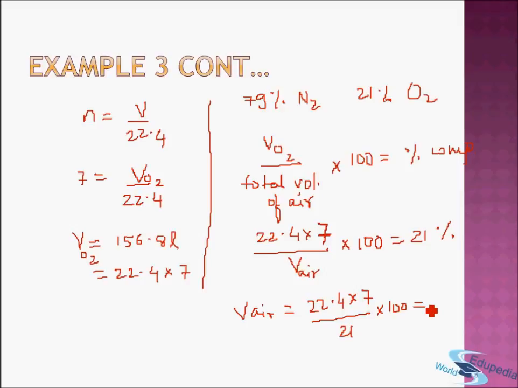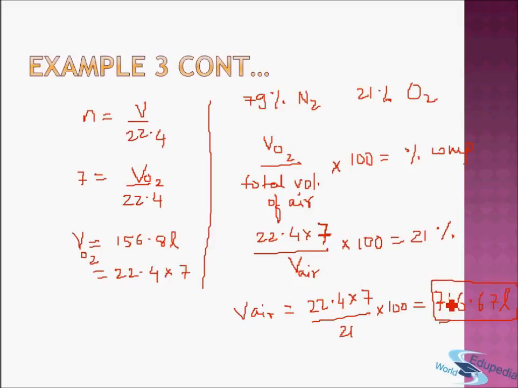Now you can simply cancel 7 and 21: 7 3s are 21. So 22.4 divided by 3, into 100. What you will get is around 74.667 liter. This will be your approximate answer.